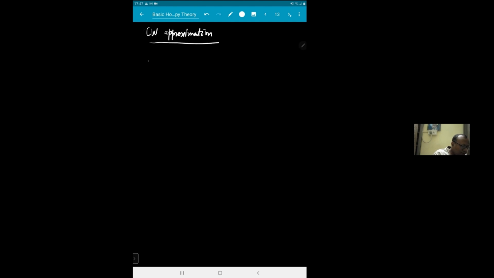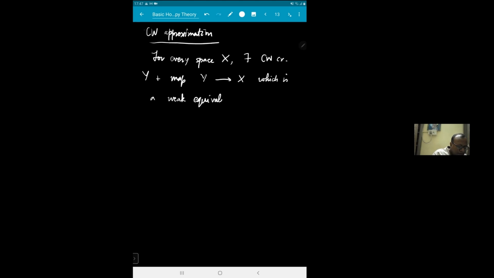So this says that for every space X, there exists a CW complex Y plus a map from Y to X, which is a weak equivalence.